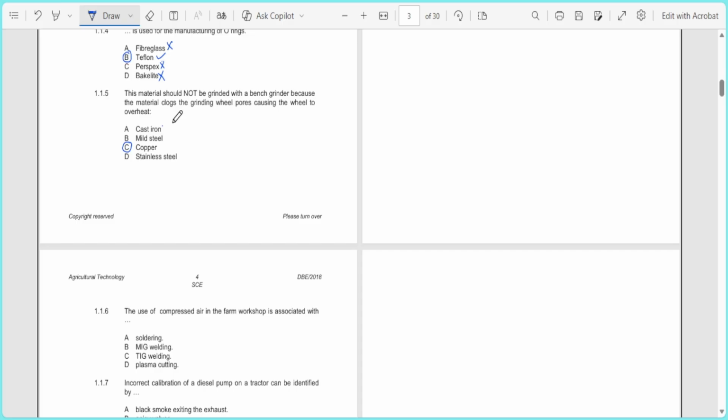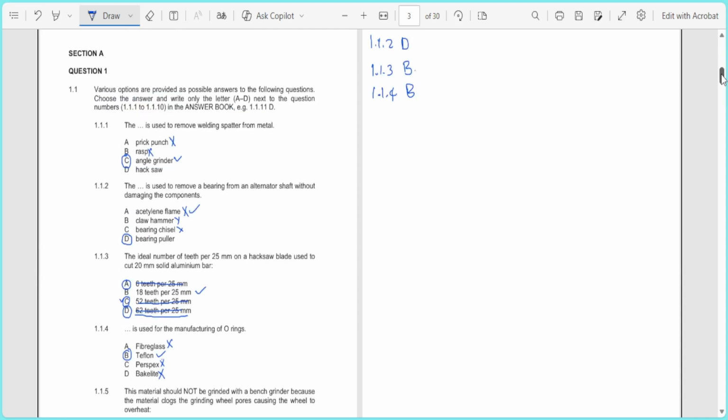The other materials can be ground safely with proper techniques, like cast iron and mild steel, for example. It's a standard material for bench grinding. And then the stainless steel is also appropriate. It can be ground but requires careful control to avoid overheating. So copper is out of the picture there.